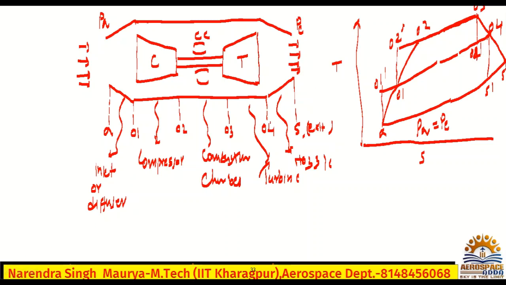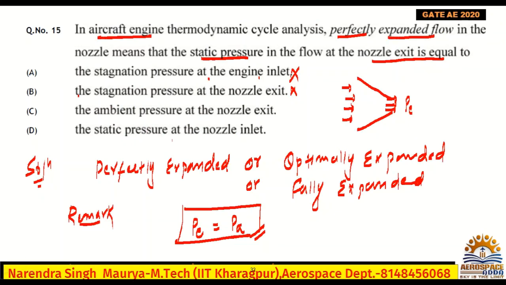The exit pressure PE will be equal to the ambient pressure at the nozzle exit, because whatever the pressure at the exit is PE, and obviously the surrounding pressure outside is PA. So the static pressure at the nozzle inlet will be wrong. The ambient pressure at the nozzle exit, which is the surrounding or atmospheric pressure, will be correct. So PE is equal to PA. Hence the correct answer is option C. Hope you understood.